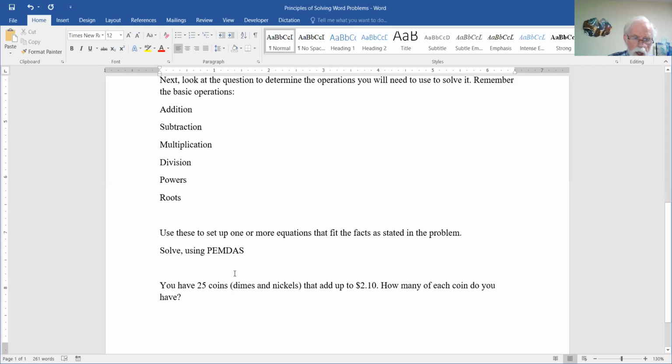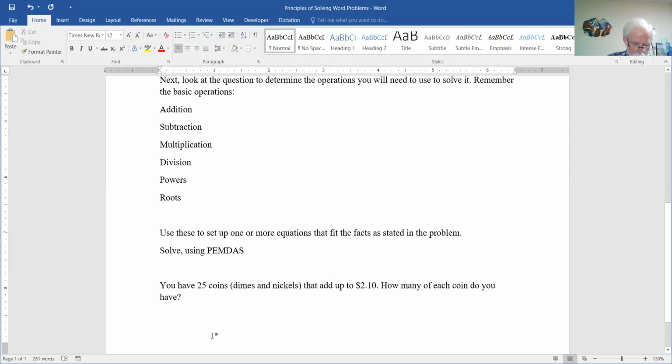So if we have these coins, you want to know how many coins you have. This is a number. So what are the facts? You have 25 coins that add up to $2.10.